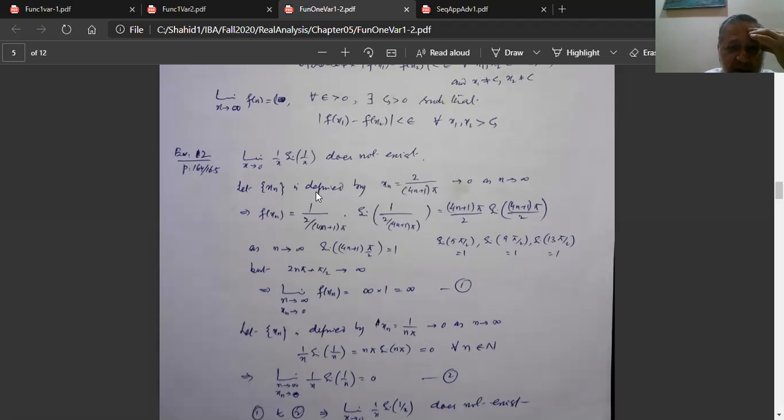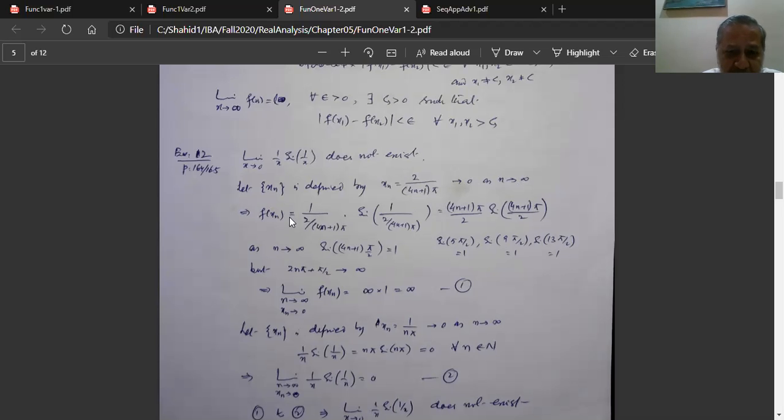Let us define the terms of the sequence by this. Here is an example where we use the sequential approach for discussing the existence or non-existence of limits, and we use this sequence 2 upon (4n plus 1) pi. As n approaches infinity, you can see that this easily goes to 0.